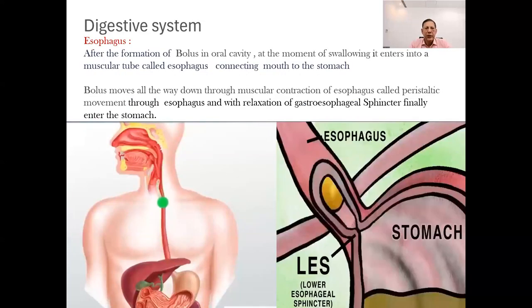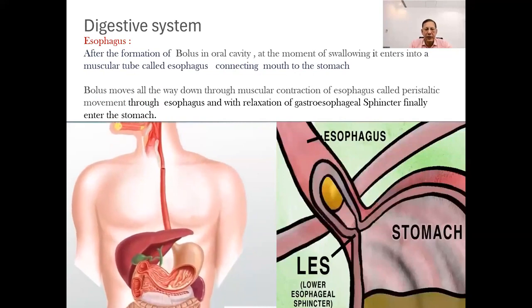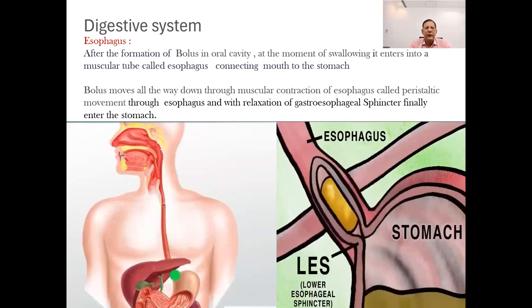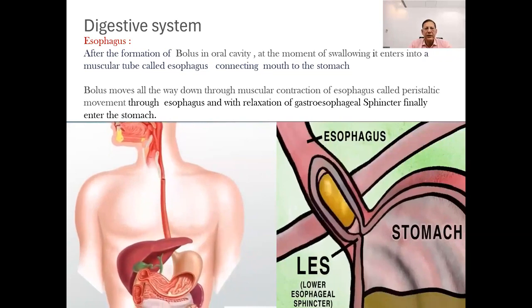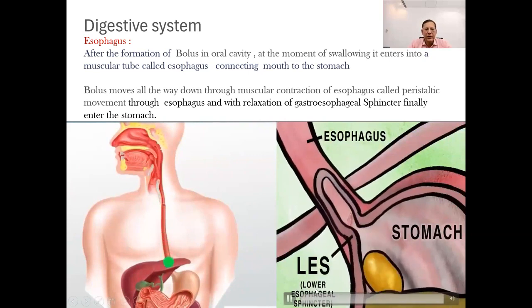Esophagus. Nothing is occurring here as chemical or mechanical digestion, but it is part of the digestive tract because it acts as a conduit or passageway of the ingested food.